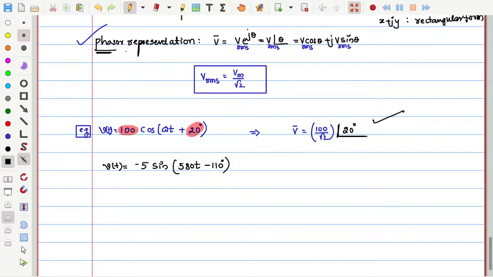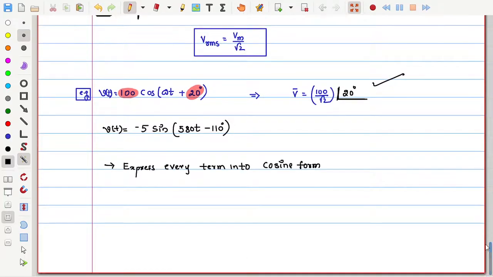So that is the first thing. Let me give some standard rules. There are three rules. One is to express every term into cosine form. This is the first rule.